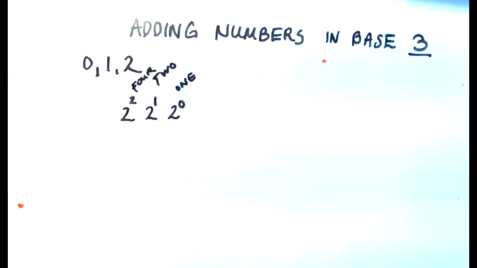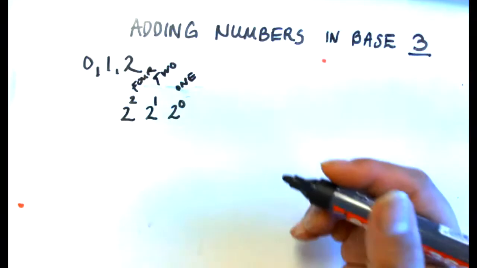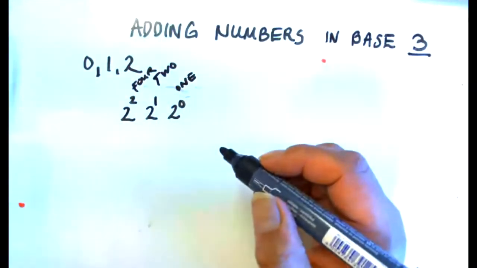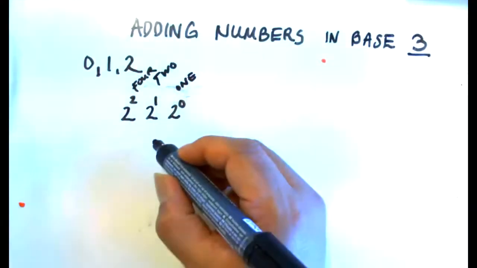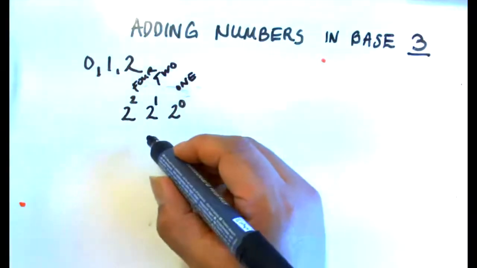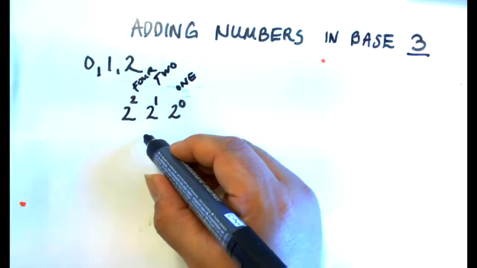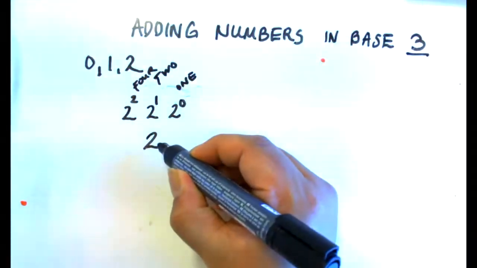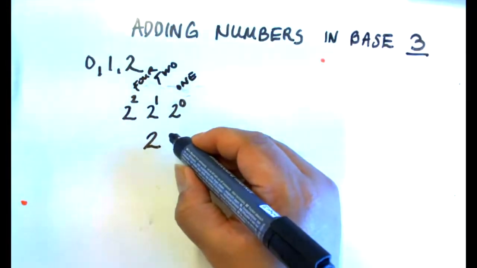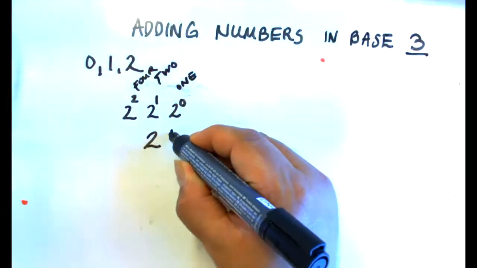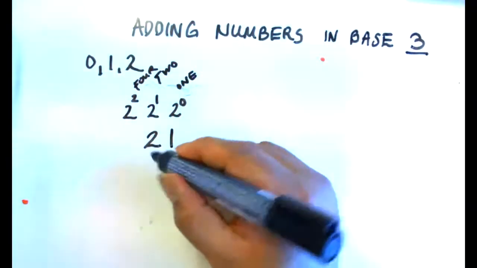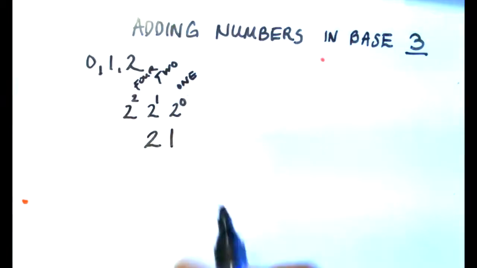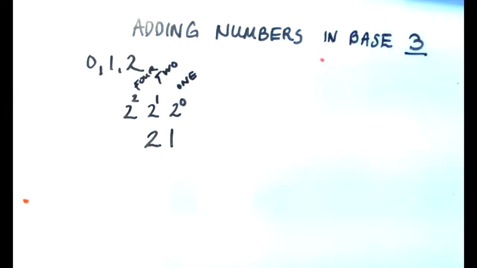So if we come to think about it, let's say we have 2 groups of 2, and 1 outside. What does this mean in our system? 2 groups of 2.